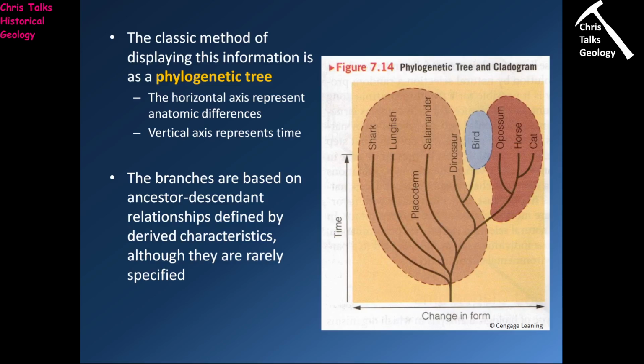And so the fact that these raptors and the birds both have a fused clavicle is essentially an ancestor-descendant relationship based on a derived characteristic. So that allows us to realise that birds and dinosaurs are related to each other, so we know that at some point birds must have branched off the dinosaur lineage.